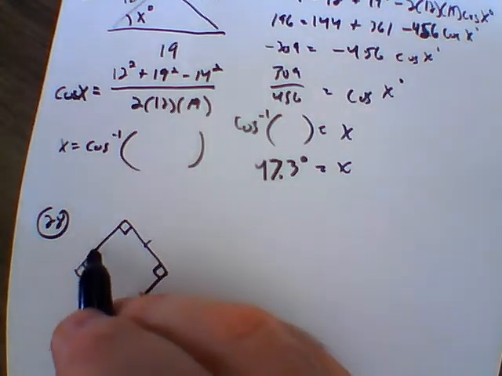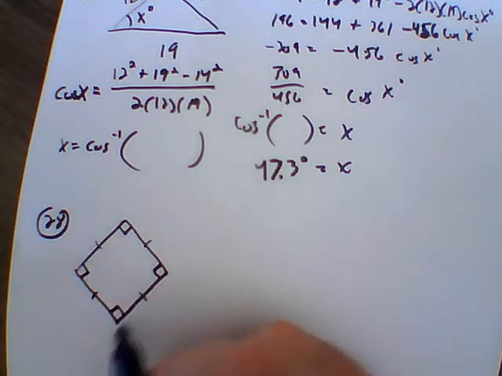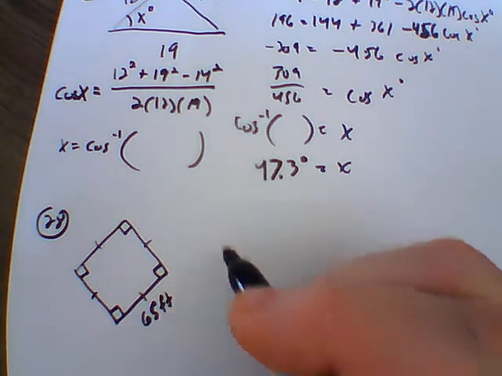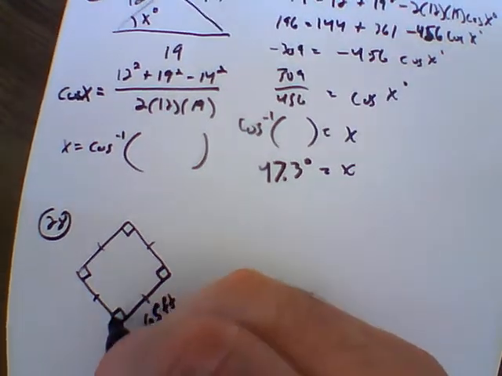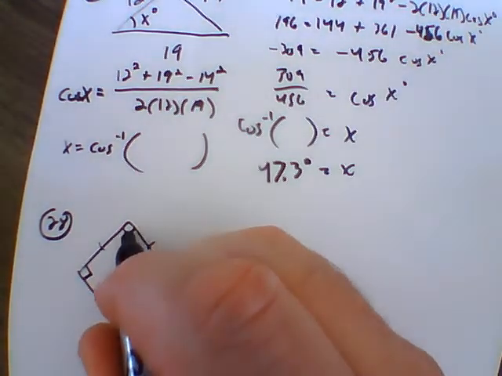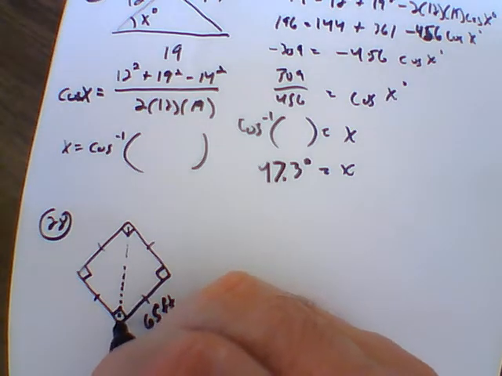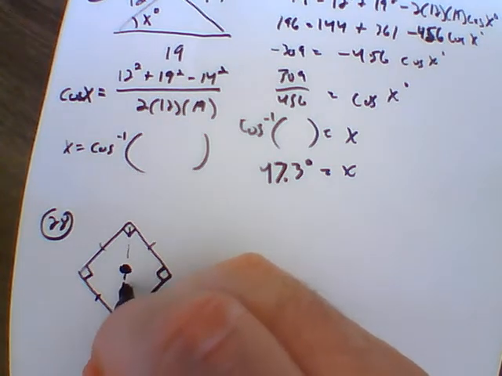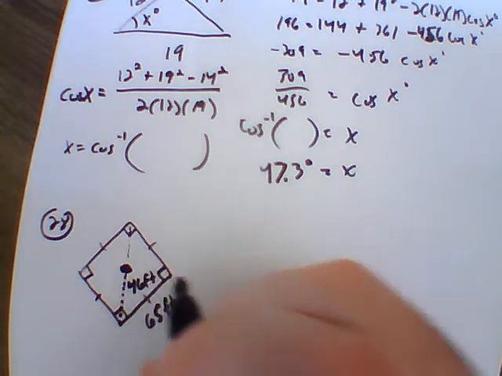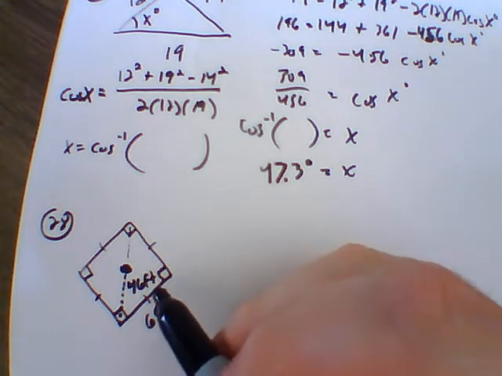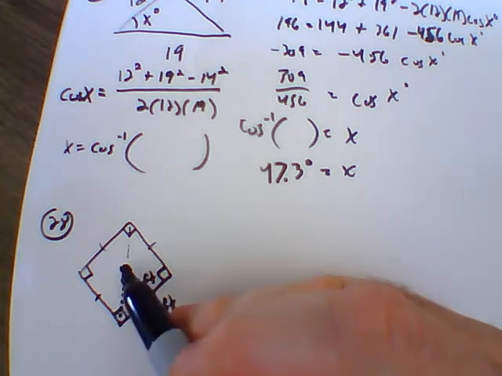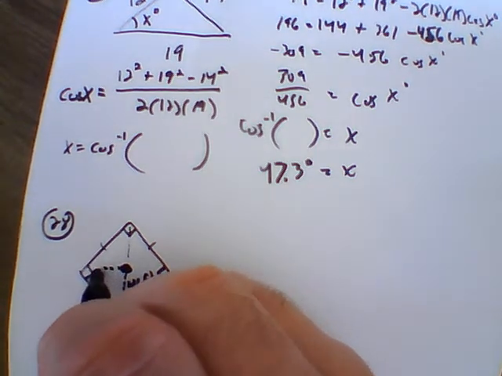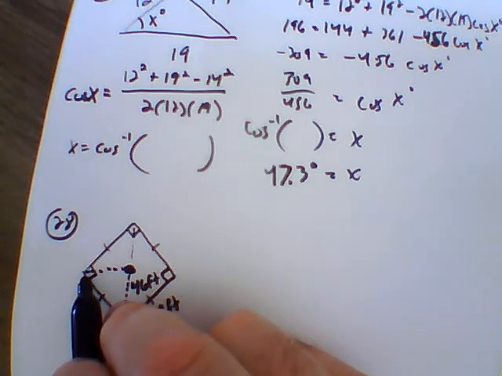They gave us that, once again, a square would be right angles with 4 congruent sides, and we're given that we have 65 feet on each side. From here they talk about the pitcher's mound. Once again, the pitcher's mound is in a direct line from home plate to second base. So we'll just throw that pitcher's mound right here, and they state that this is 46 feet. They then asked us, how far is the pitcher's mound to third base?